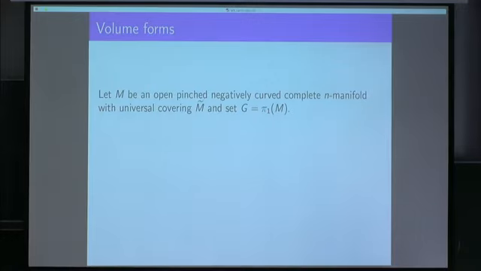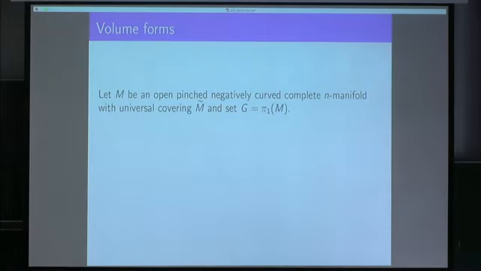So what I'm going to describe today is a way to discretize volume forms in order to construct quasi-cocycles not from differential forms, but from something else. But in order to understand the philosophy behind this project, we start with differential forms and with classical volume forms. So we take an open pinched and negatively curved manifold.